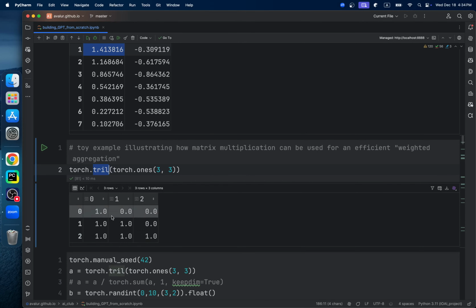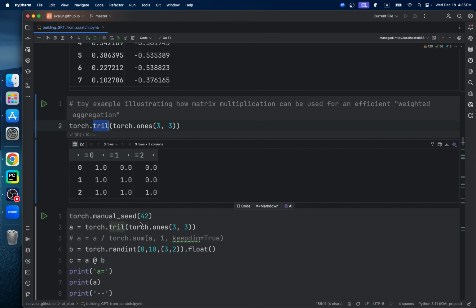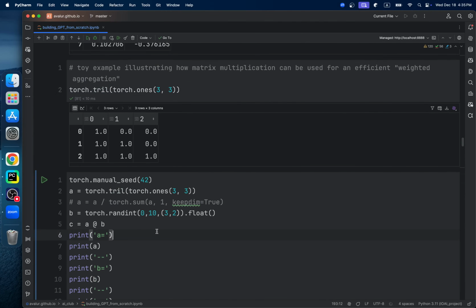The non-zero elements are only on the main diagonal and below the main diagonal. So this is the tril operation in PyTorch. And using this matrix, we can already perform almost the same operation as before, averaging of components of input vectors, with matrix multiplication. So this is our first trick. Instead of using loops in Python, we simply perform matrix multiplication.